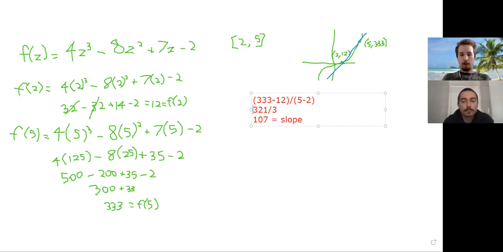Does everyone get how I got the slope, the average slope between the 2 points? Can I get a 1 through 3 in chat if everyone's good to go or not? Or if you have some questions, you might be at a 2, or if you're completely lost, a 1.